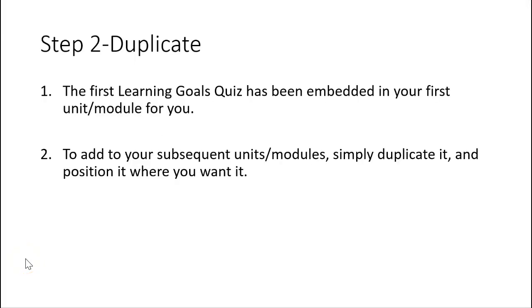Step 2 is to know how to duplicate and reproduce the quiz in subsequent units. The first quiz has been embedded in your course already. To add to your subsequent units or modules, simply duplicate it and move it to the new unit.